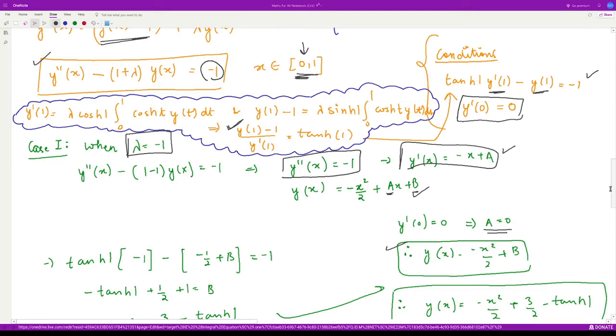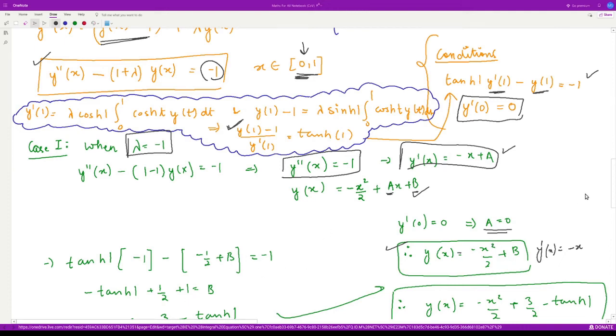And now what we do? We calculate the second boundary condition. So it would be tanh 1. What is y dash of 1? Y dash of 1 would simply be, this is y of x, right? So y dash of x would be minus x only. So y dash of 1 would be minus 1, and minus of y of 1. And what is y of 1? It is equal to this whole term. So we have minus 1 by 2 plus b, that is equal to minus 1.